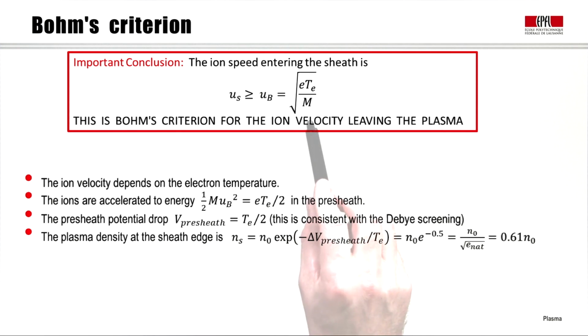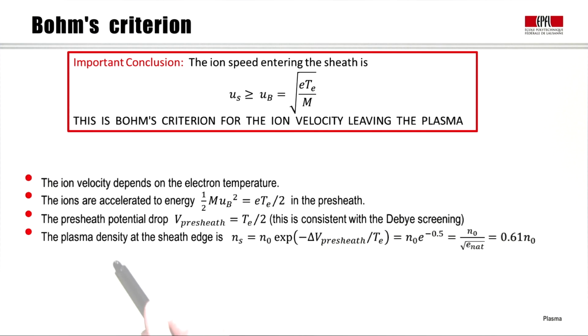If you work it out, this corresponds to an energy Ete over 2, which the ions gain in crossing the pre-sheath. Now, this corresponds to a pre-sheath potential drop, delta pre-sheath, of Te over 2. Now, this is consistent with Debye screening, which allows potentials of up to Te over 2 to penetrate an equipotential plasma.